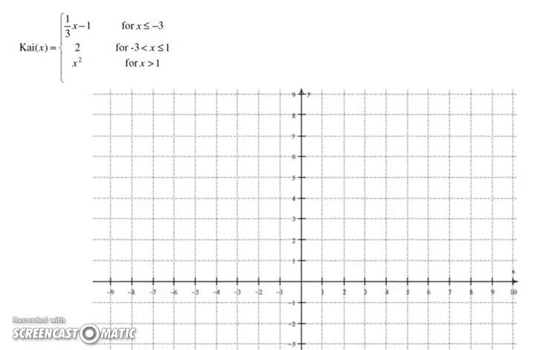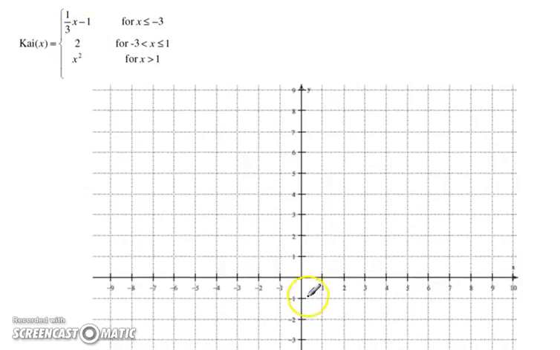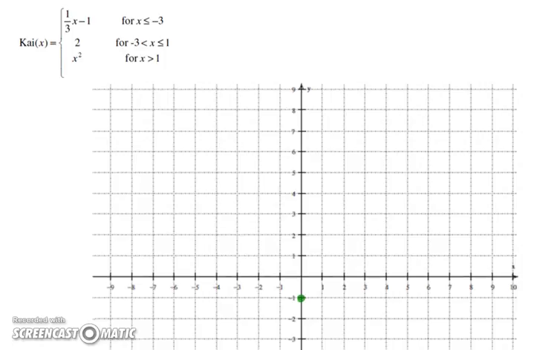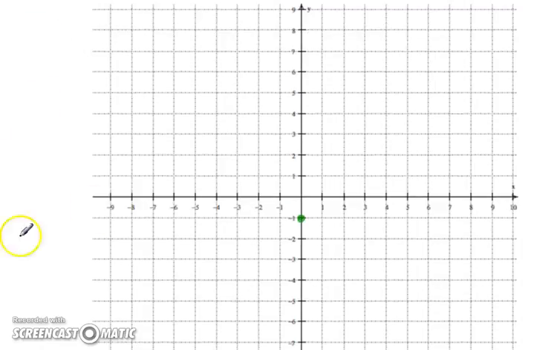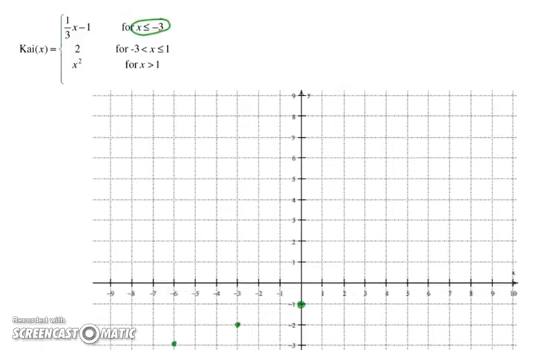So I'm going to graph it like I do with any other linear function. I'm going to put my intercept at -1, and then I'm going to graph it with a 1/3 slope. But I know that my target here is really the negatives, so I'm going to just graph it to the left. So my slope is going to be 1/3, down 1 over 3, down 1 over 3. So that's my 1/3 slope with the intercept of -1.